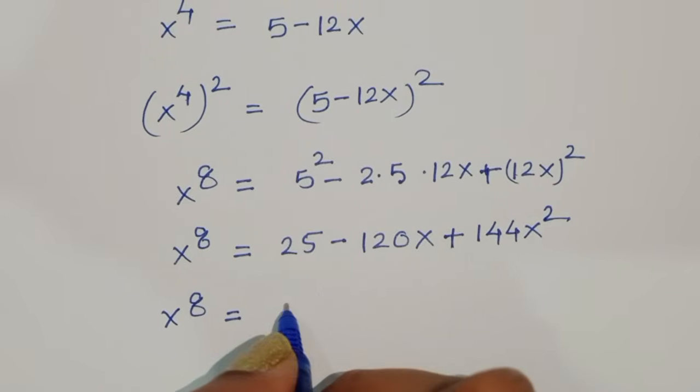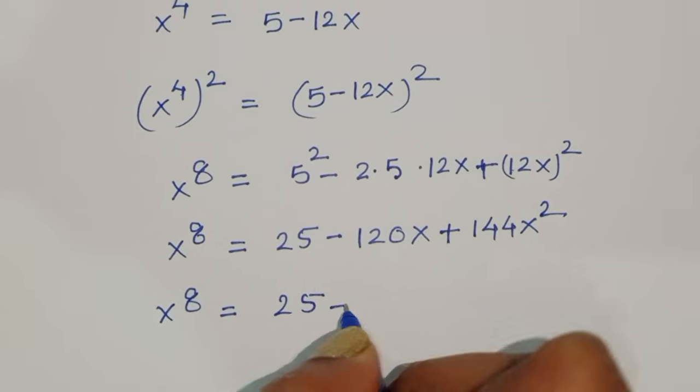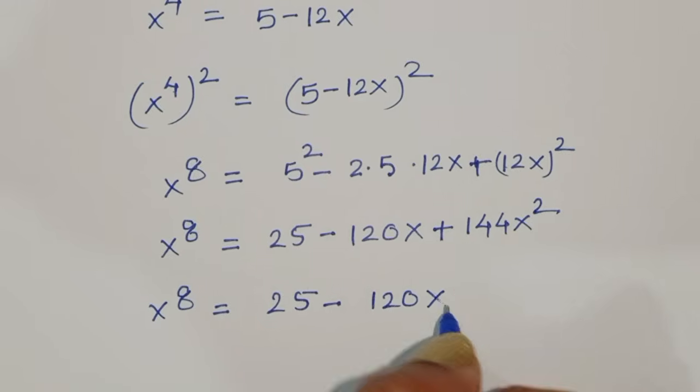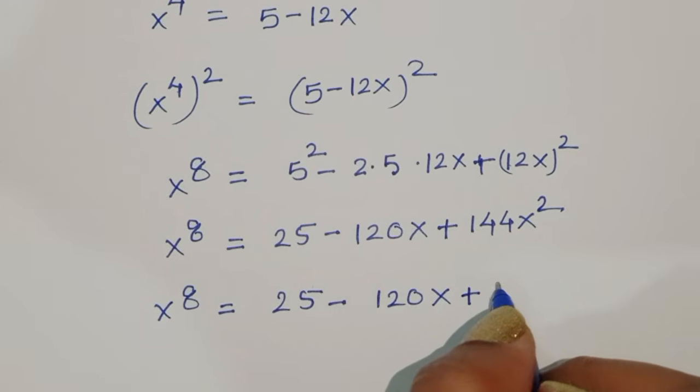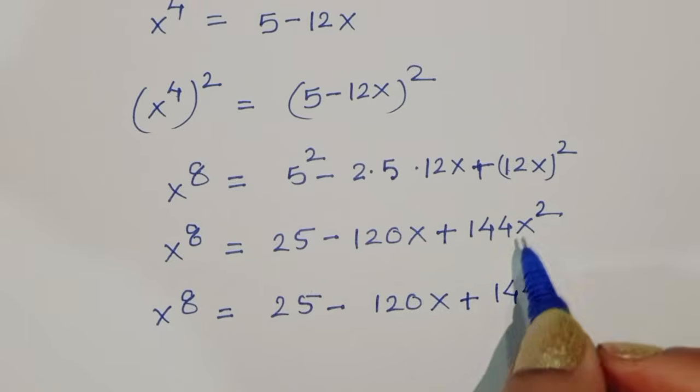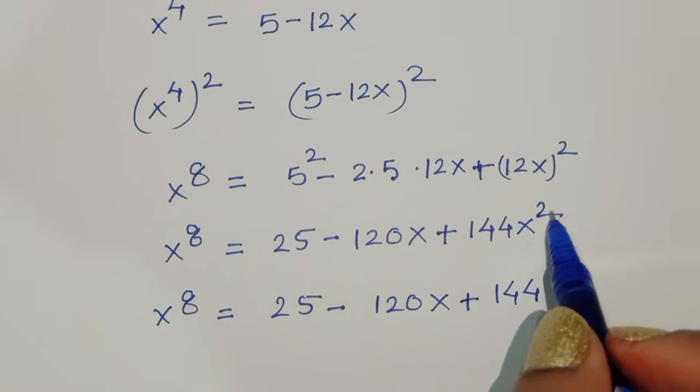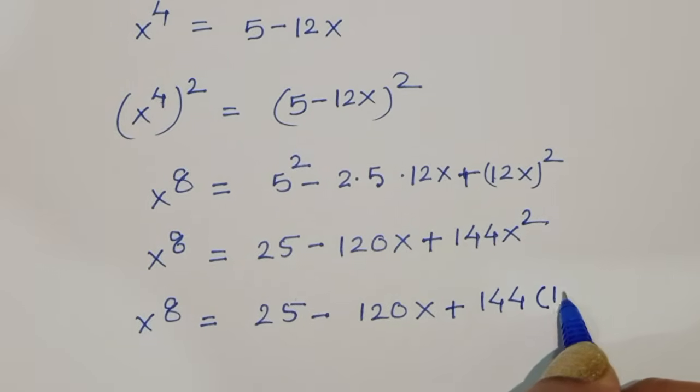So we can write 25 minus 120x plus 144 x square, and we already have the value of x square according to equation 1, that is 1 minus 2x.